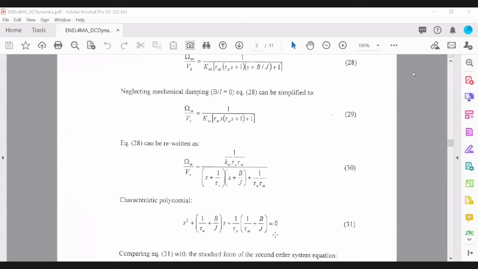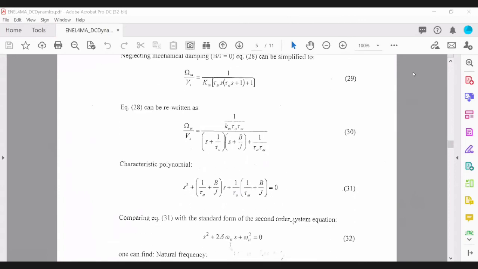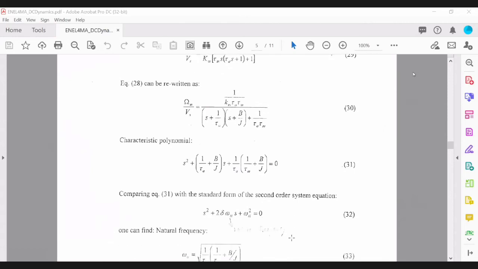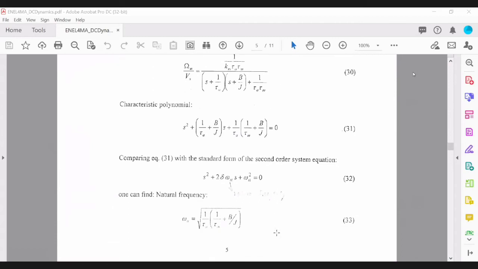That shows you that you can write the equation in the characteristic polynomial that you've encountered before, right? Which is the standard form of a second order system: S squared plus 2 delta omega n S plus omega n squared equals 0, where omega n is the natural frequency of the system.